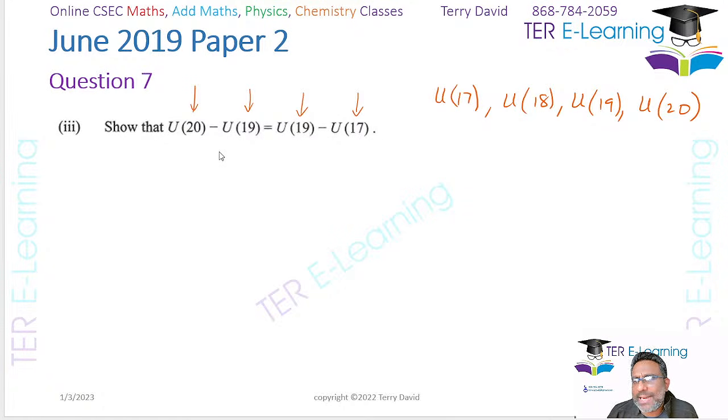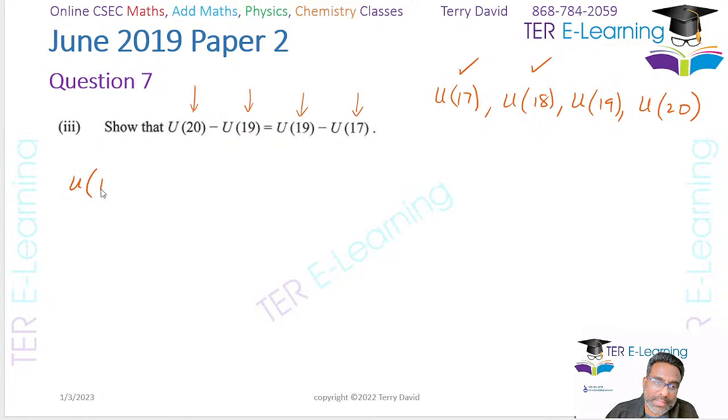But if you look at what I want us to show, you notice that there's no U18 there at all, right? Now, what I'm going to do, because it's a Fibonacci sequence, when I take 17 and add it to 18, I'm going to get 19.